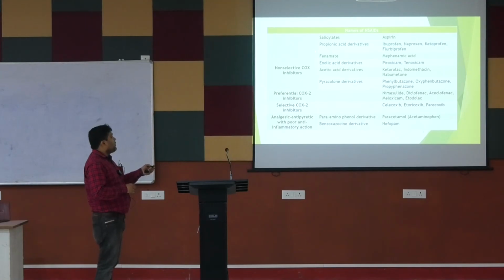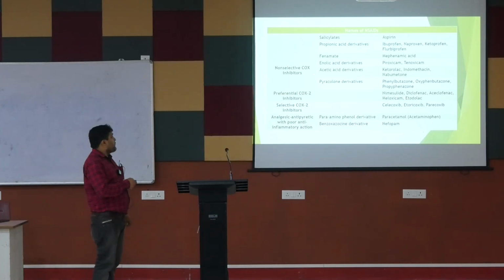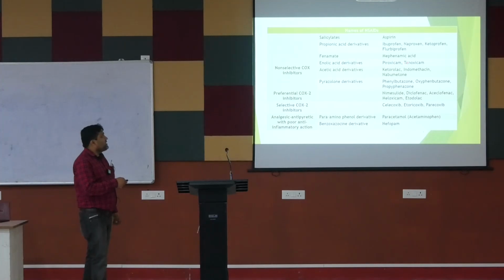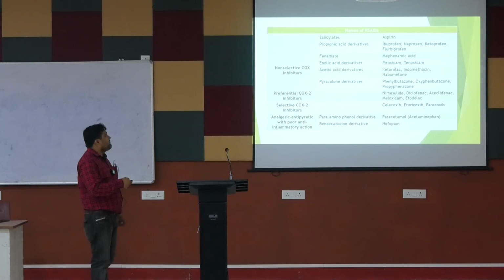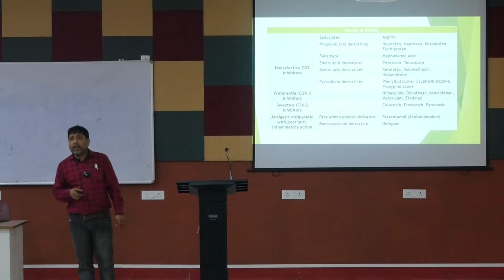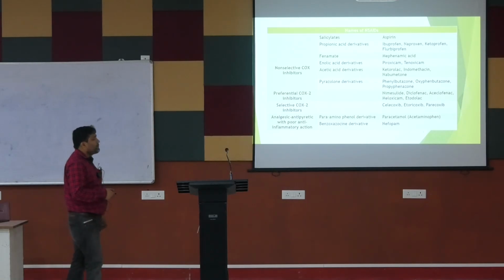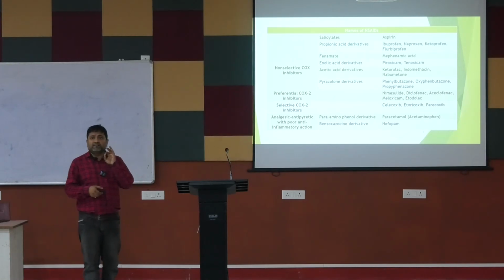They include salicylates, that include aspirin, the prototype drug; propionic acid derivatives, ibuprofen, naproxen, ketoprofen, carprofen; fenamates, they include mefenamic acid; enolic acid derivatives, they include piroxicam, tenoxicam; acetic acid derivatives, they include ketorolac, indomethacin, nabumetone; pyrazolone derivatives, phenylbutazone, oxyphenbutazone.